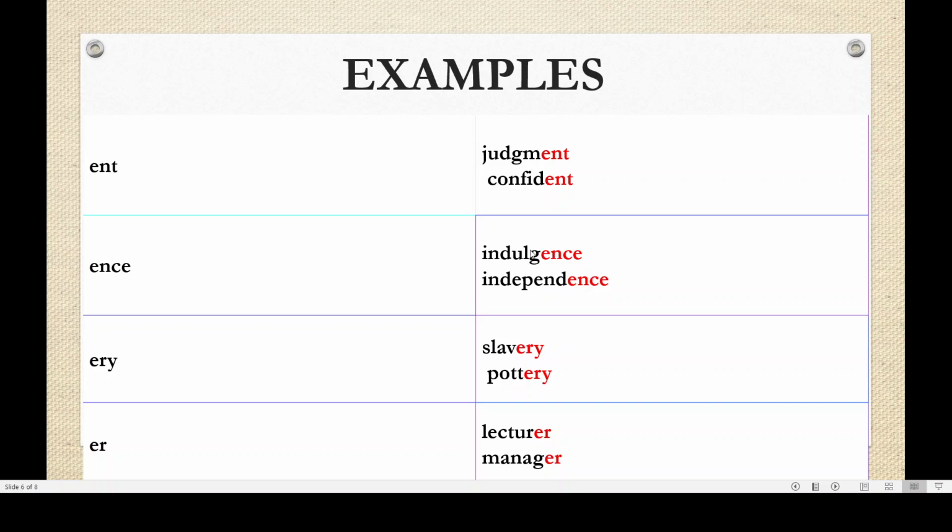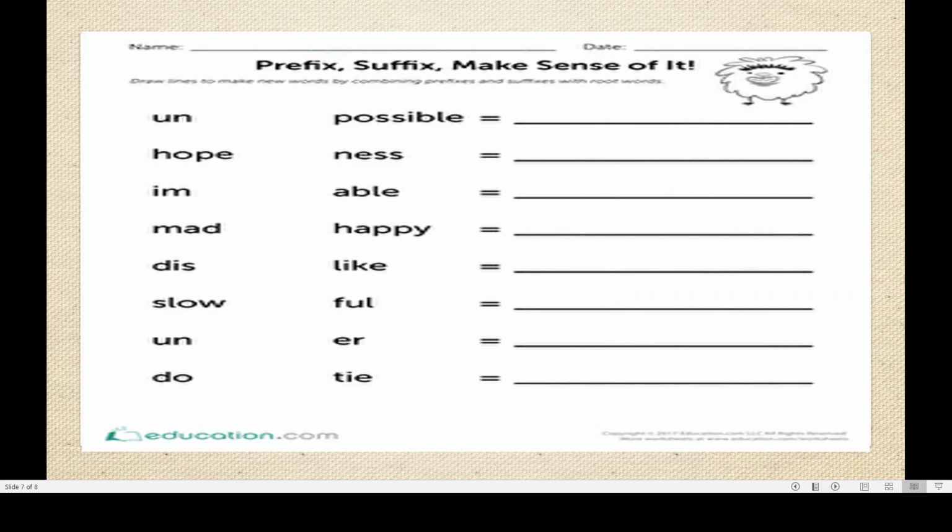Thus, we have formed intelligence and independence. By adding ERY, we have formed new words: slavery, pottery. And using ER, lecturer, manager. These new words are formed by using suffixes.